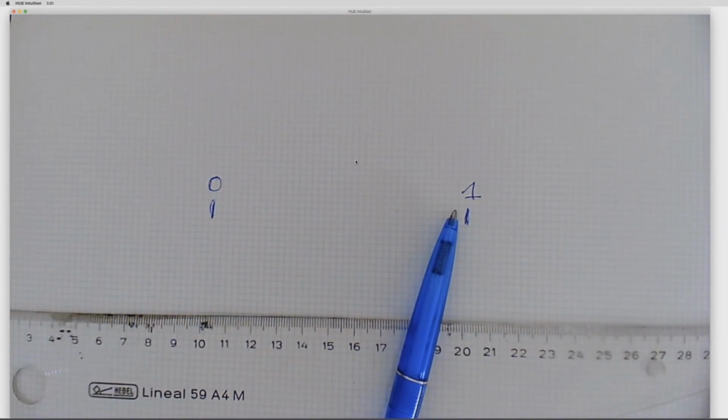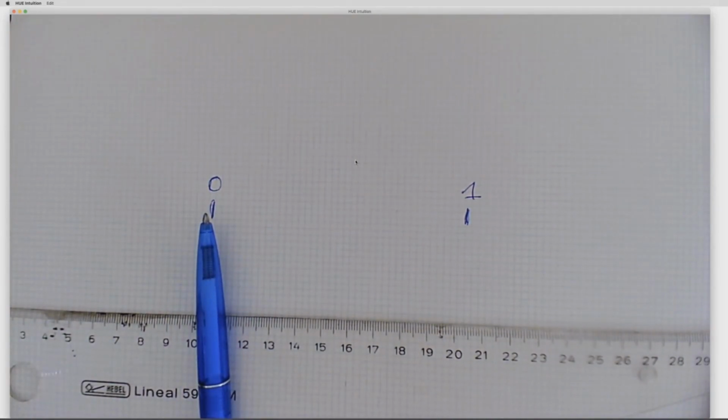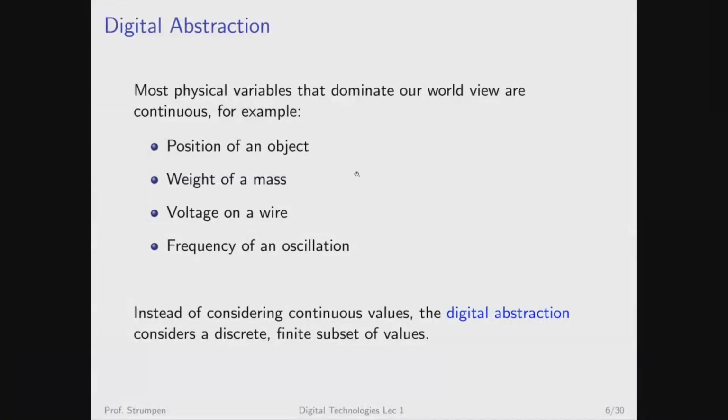And you can identify where the pen is by telling me, well, the pen is in position 1, or the pen is in position 0. Trivial, but very important. This very simple idea of restricting ourselves from a three-dimensional space to just 2 points is the crux to accomplish many things, and one of them is to build digital systems.